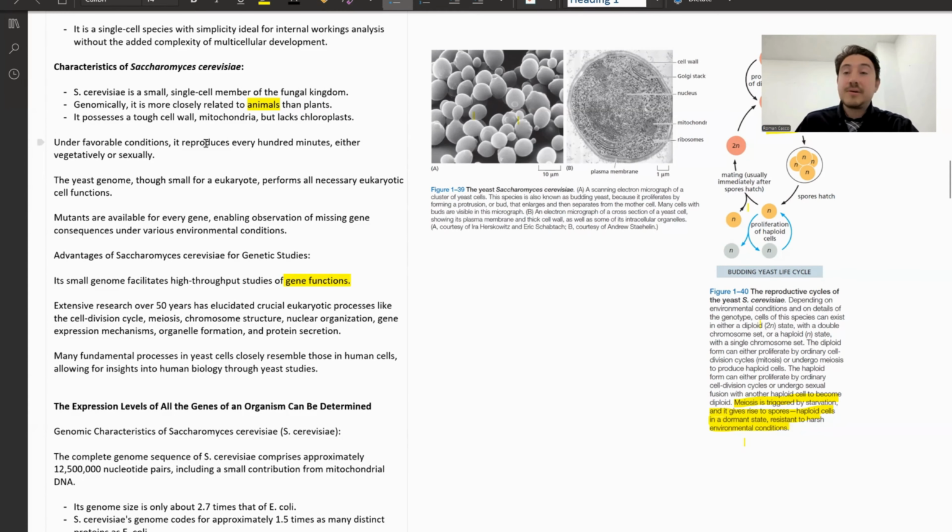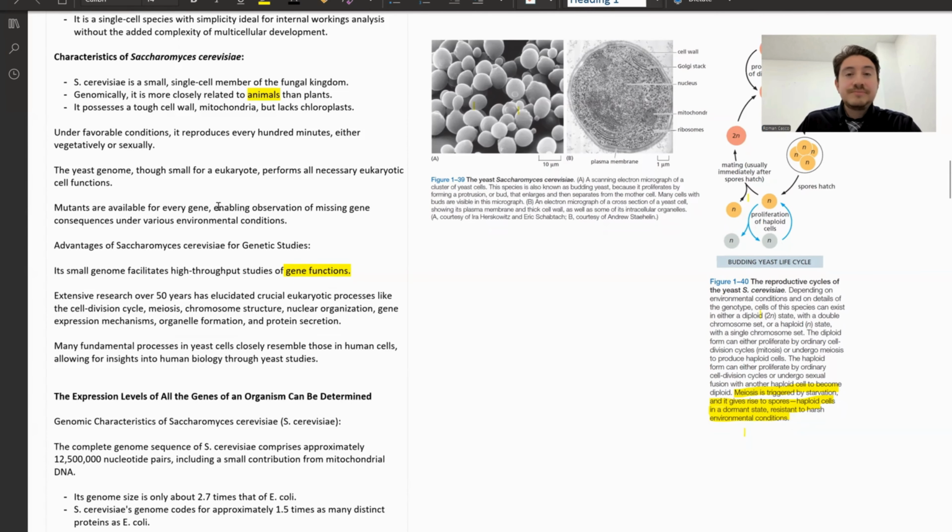It does have mitochondria, of course. It lacks chloroplasts. So it's more similar to animals than plants. Under favorable conditions, it reproduces every 100 minutes, either vegetatively or sexually. So it can sexually reproduce, or it can asexually reproduce, right?